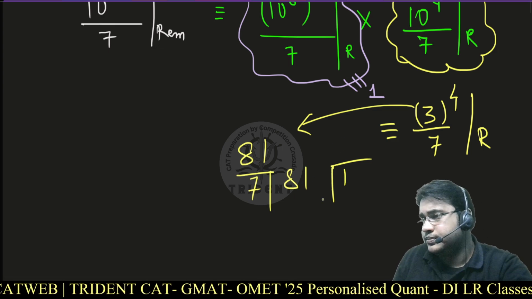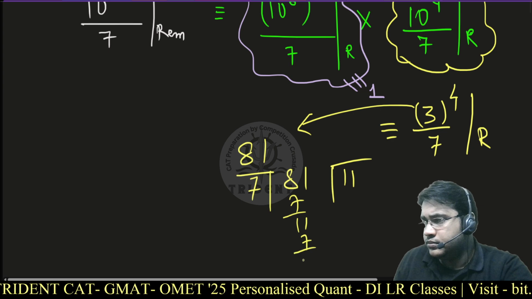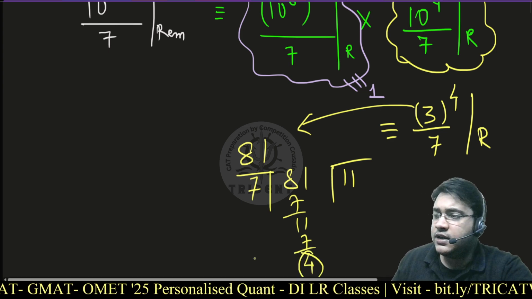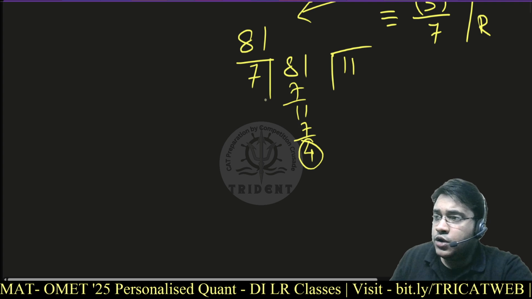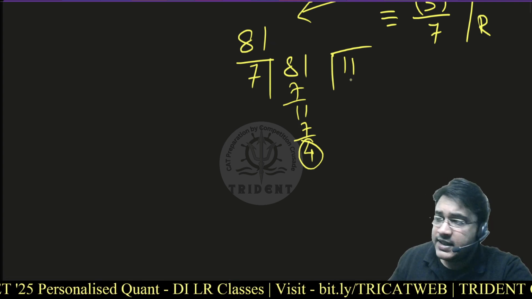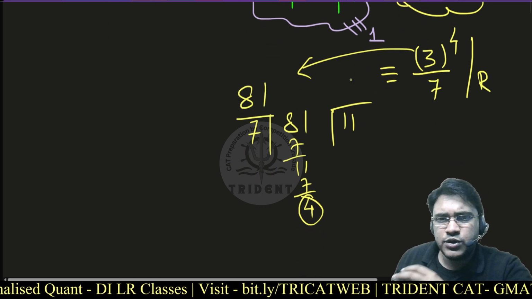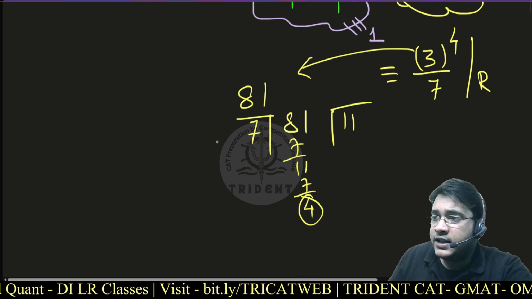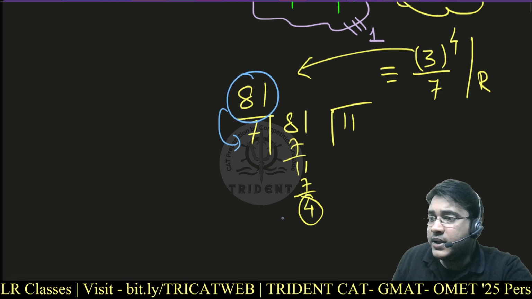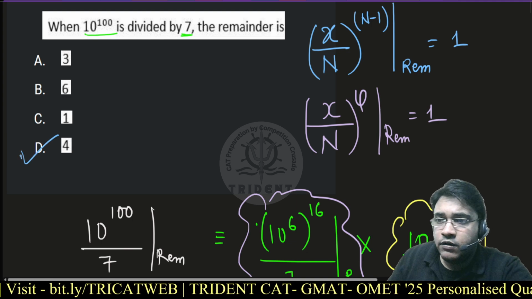So, sorry, this is 4. So the final remainder comes out as 4. Since we have been able to disintegrate this entire thing into smaller and smaller numbers, finally the number that we are getting, 81, gets divided by 7, the remainder is 4. So the final remainder to this question would be 4.